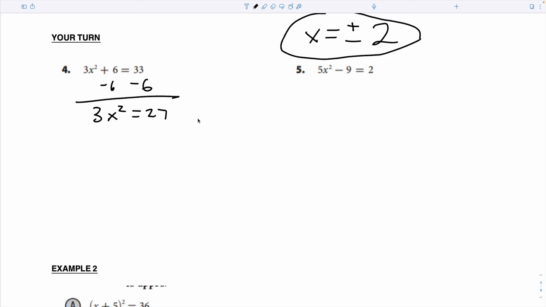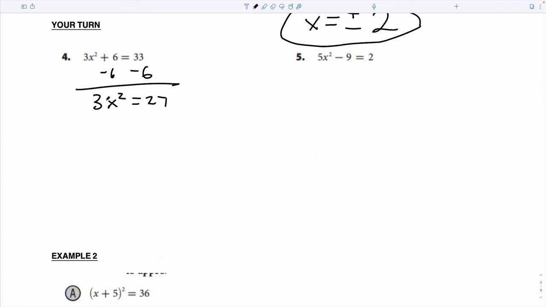You could, but I would move everything to the left side. Number 5 looks tricky. Just pause on that one.